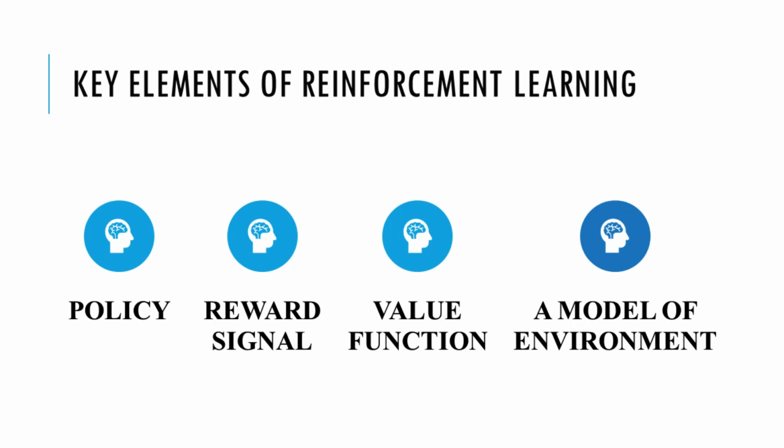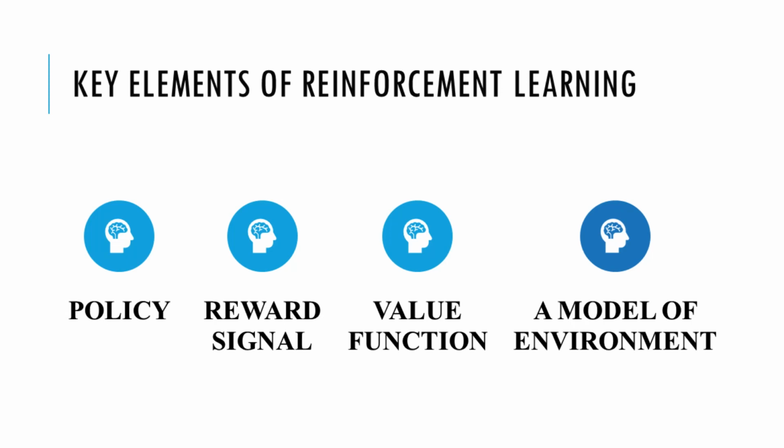The agent learns to estimate the value function and adjusts its policy accordingly to maximize the expected cumulative reward. The ultimate goal of the agent is to learn the optimal value function, which corresponds to the optimal policy that maximizes the expected cumulative reward over time.